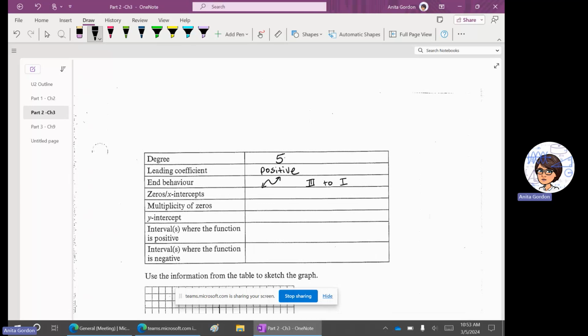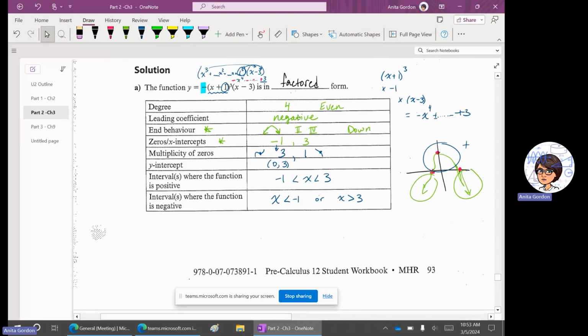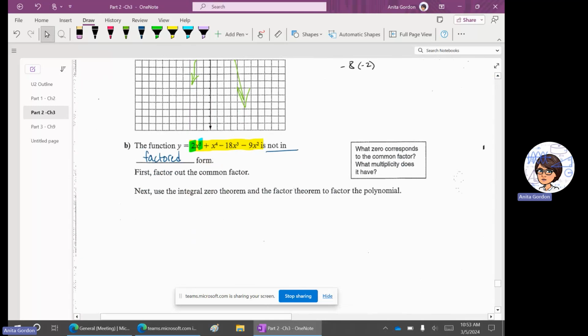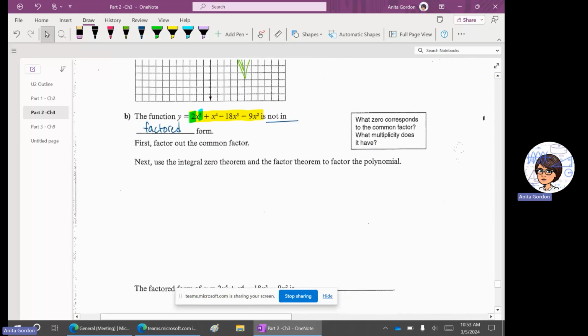Oh, and I just realized I had written something incorrectly on our last chart. This is going from quadrant 3 to 4. This is quadrant 3, and this is quadrant 4. Apologies for that. Okay, so that is pretty much all I can say just by looking at it.